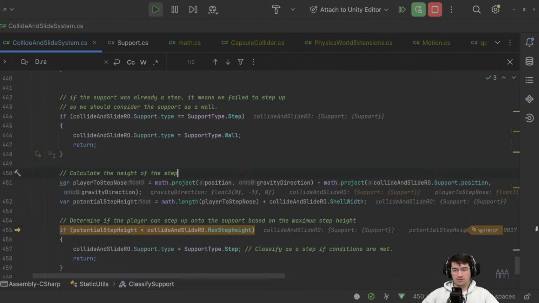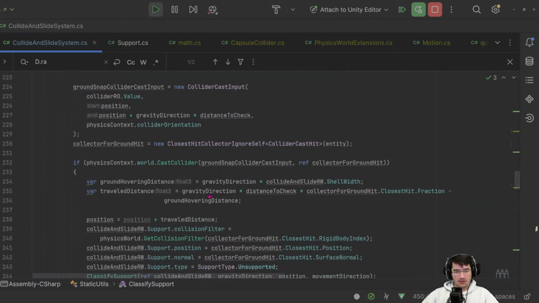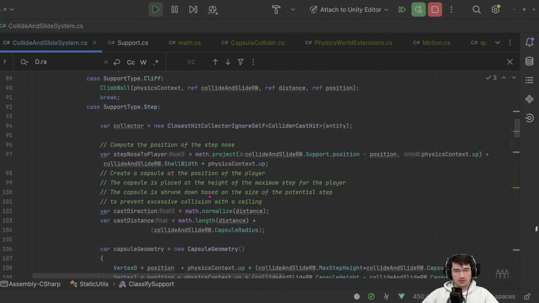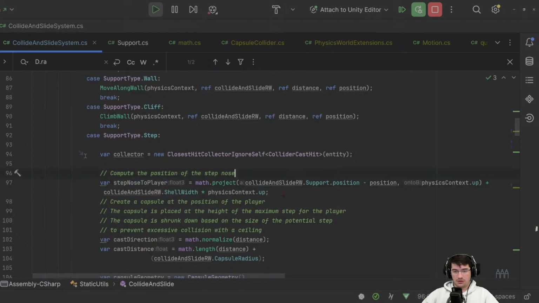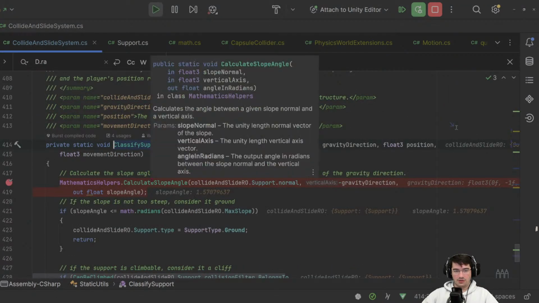And I am not doing the same logic. So this is most likely my issue. Here I know this logic for this step, which is here. This one is correct. Compute the position of the step nose. Support position minus this one, so that's the height. So that's actually the computation I need here.